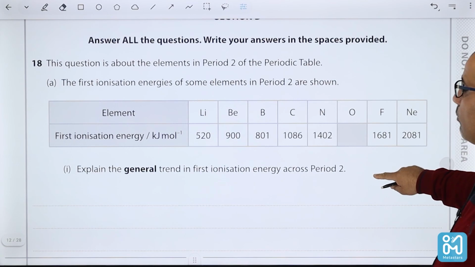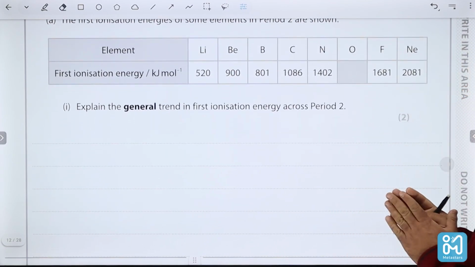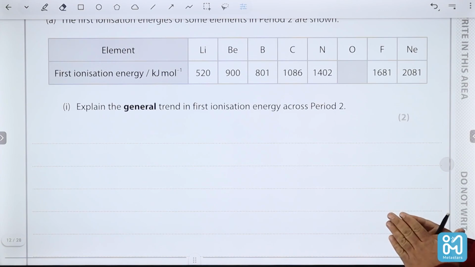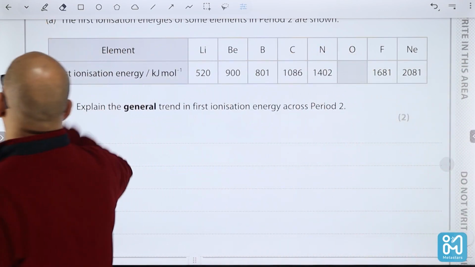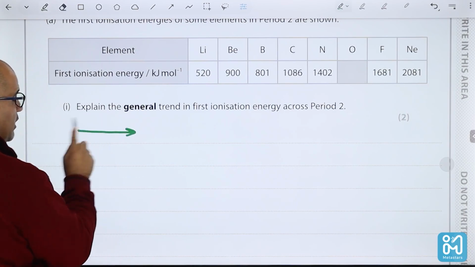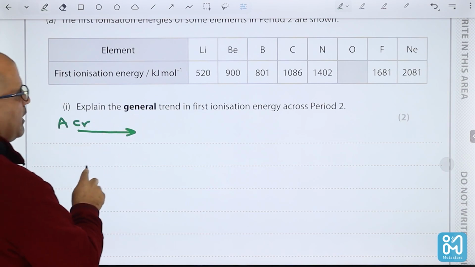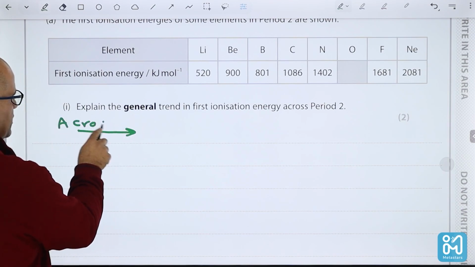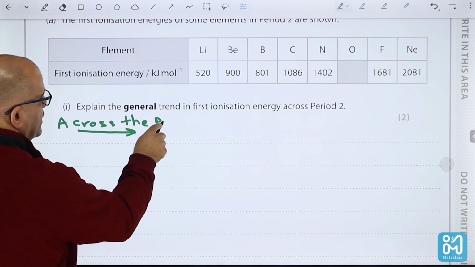Now, the trend in the first ionization energy across the period looks like that. Across the period, there are some important points about the ionization energy.